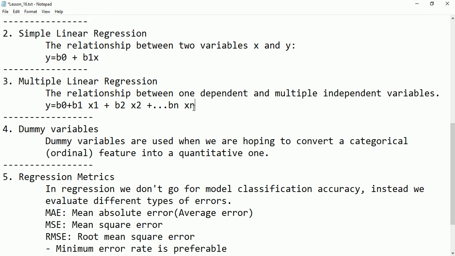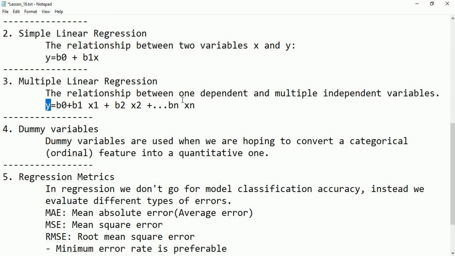It means now we are predicting the salary of a person based on more features, not a single feature but multiple features. Maybe we are considering working experience, qualification of the person, discipline, and some other features also, and based on all those features the salary of the person will be calculated.